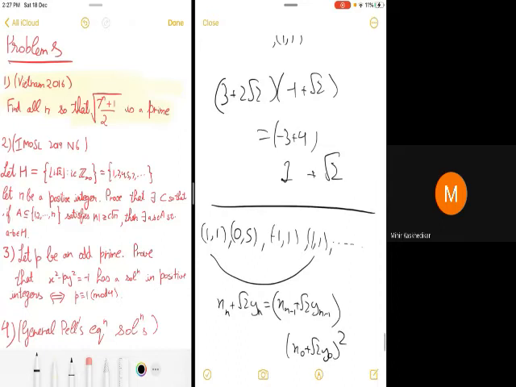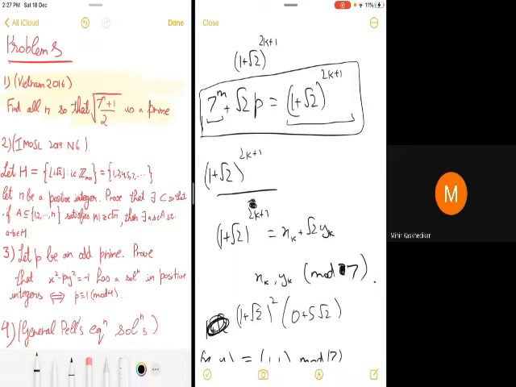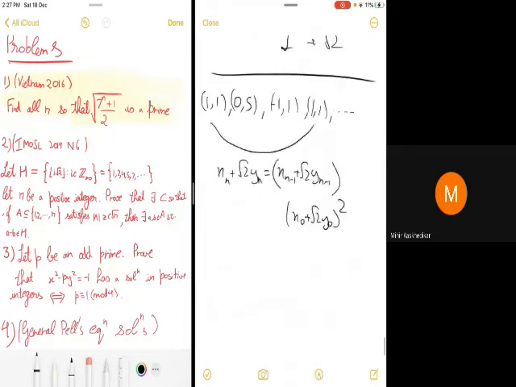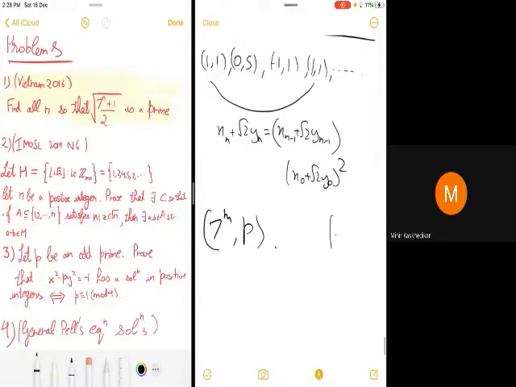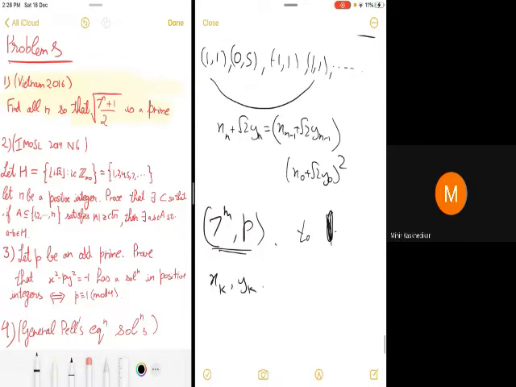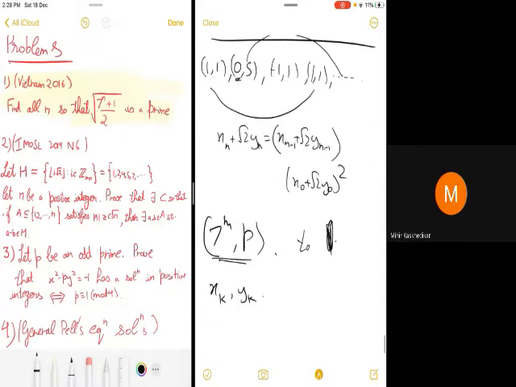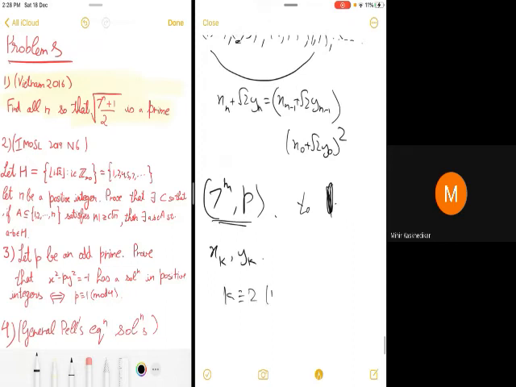So if xk, yk is a solution to negative Pell's, then modulo 7 the first term is 0 if and only if k is congruent to 2 mod 3.